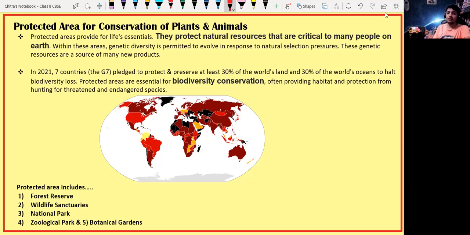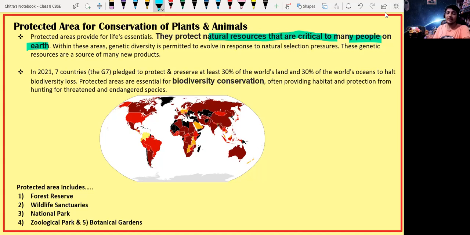So let's discuss what we have in our notes here. Protected areas which provide the life essentials protect the natural resources that are critical to many people on the earth. So we have to conserve those critical life forms, plants as well as some animals.